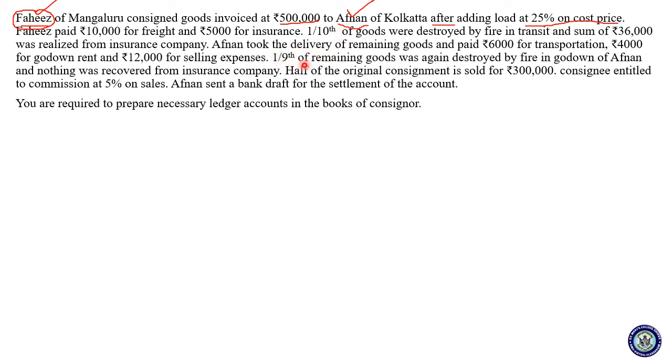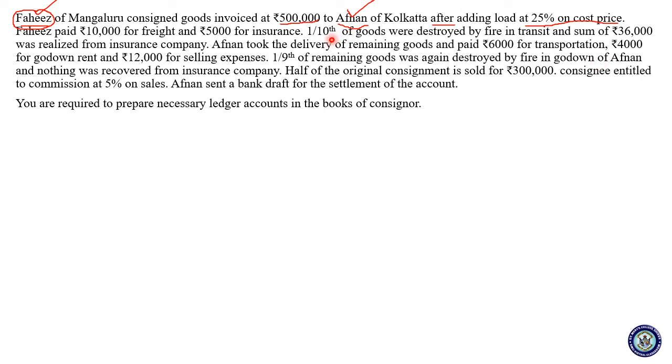But on this value, as along with that, you have to take the proportionate non-recurring expense of the consignee too, because this 1/9 loss was incurred after it reached the godown, meaning after Afnan received the goods.